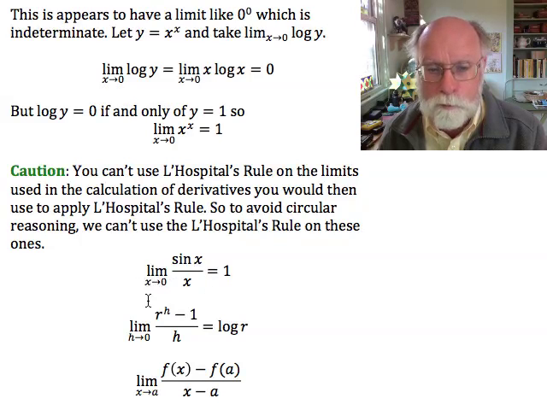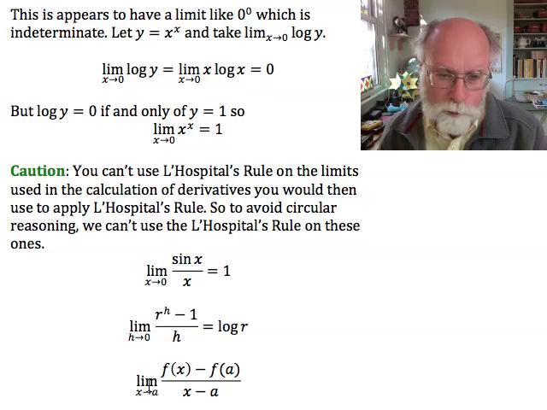So for example, we use the limit as x goes to 0 of sine x over x equals 1 in order to prove that the derivative of sine x is cos x. So we can't use L'Hopital's rule to prove that this limit is equal to 1 by taking derivatives of sine x and x, because that would mean we are arguing in a circle.